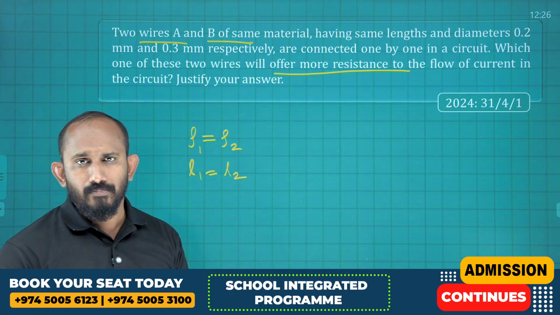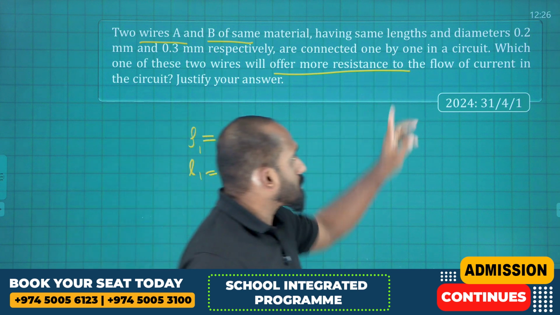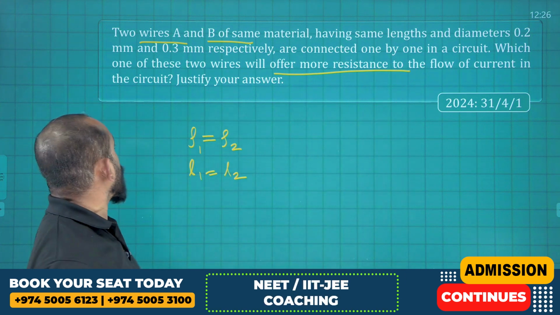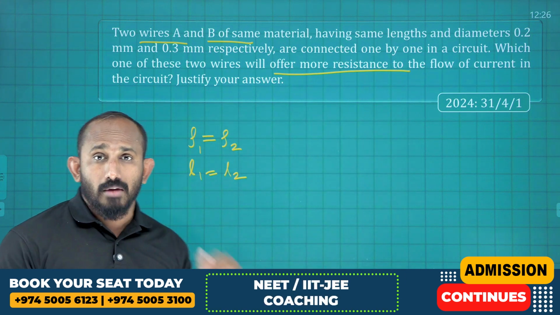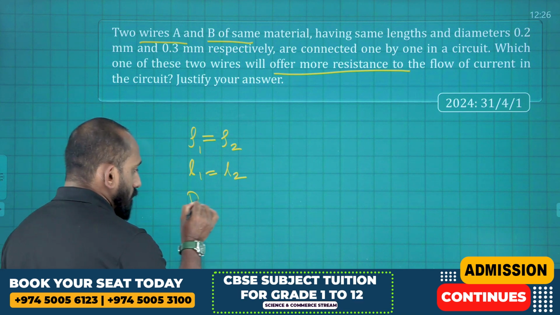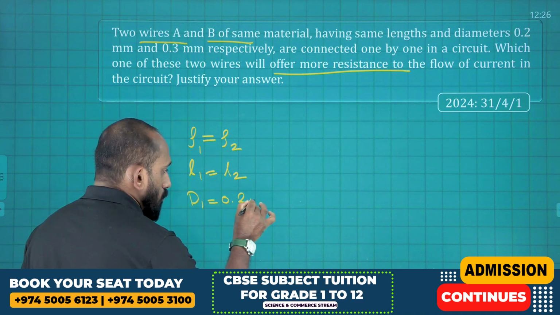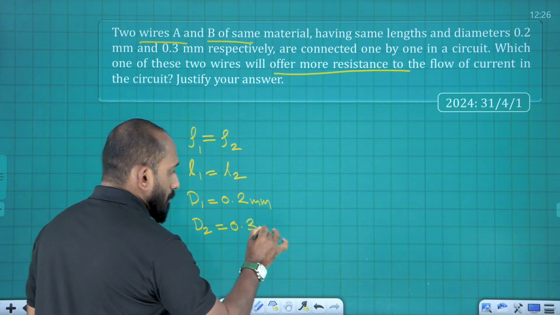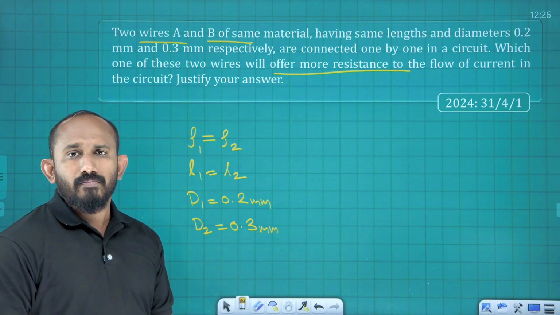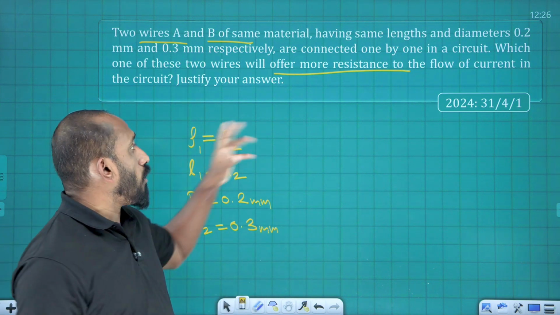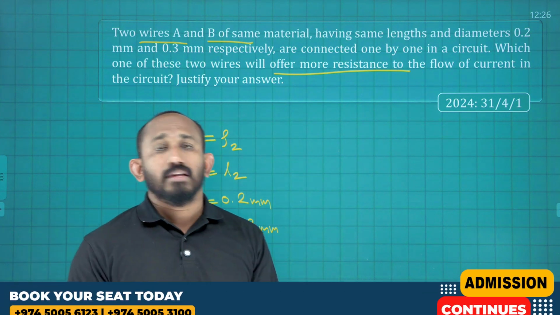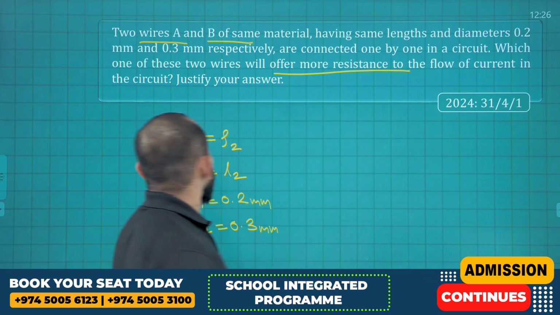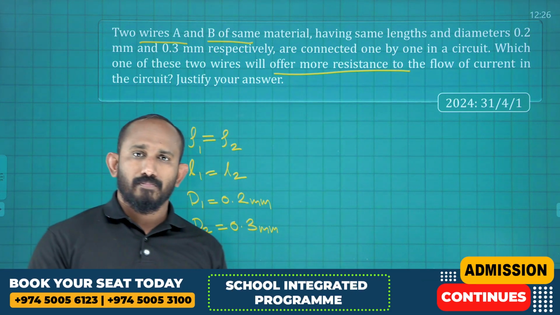But they have different diameters. One is 0.2 millimeter and the second one is 0.3 millimeter. So, diameter D1 is 0.2 millimeter and D2 is 0.3 millimeter. Now, which one will offer more resistance when the current passes through it? Justify your answer. That's the question.